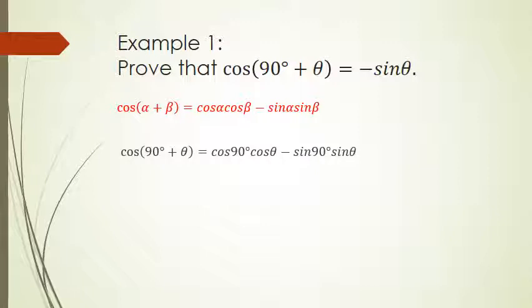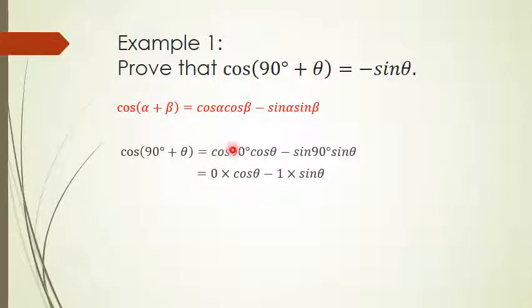Then substituting, cos(90 degrees plus theta) is equal to cos 90 degrees cos theta minus sine 90 degrees sine theta. Now 90 degrees is a special angle, so we substitute for the values.